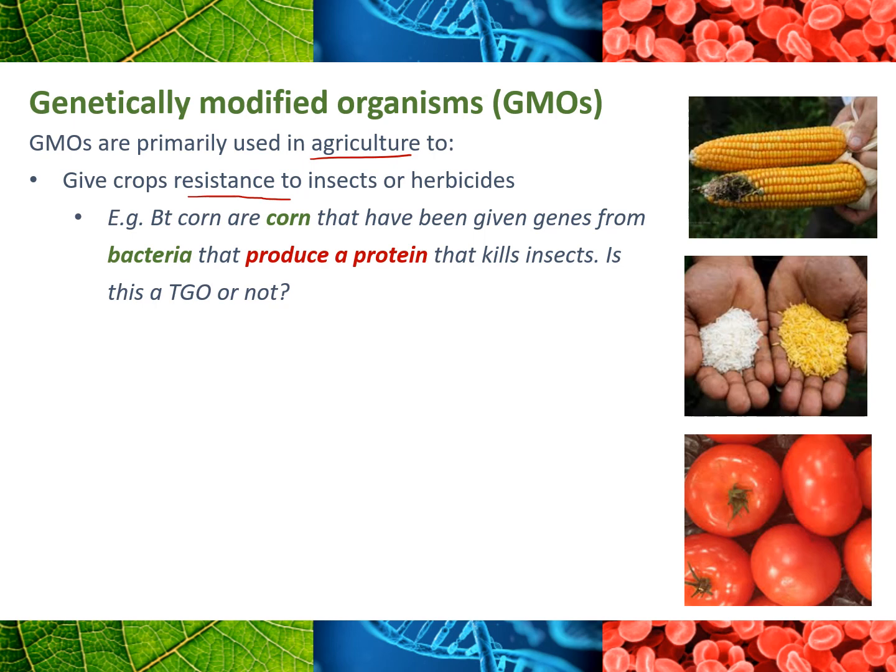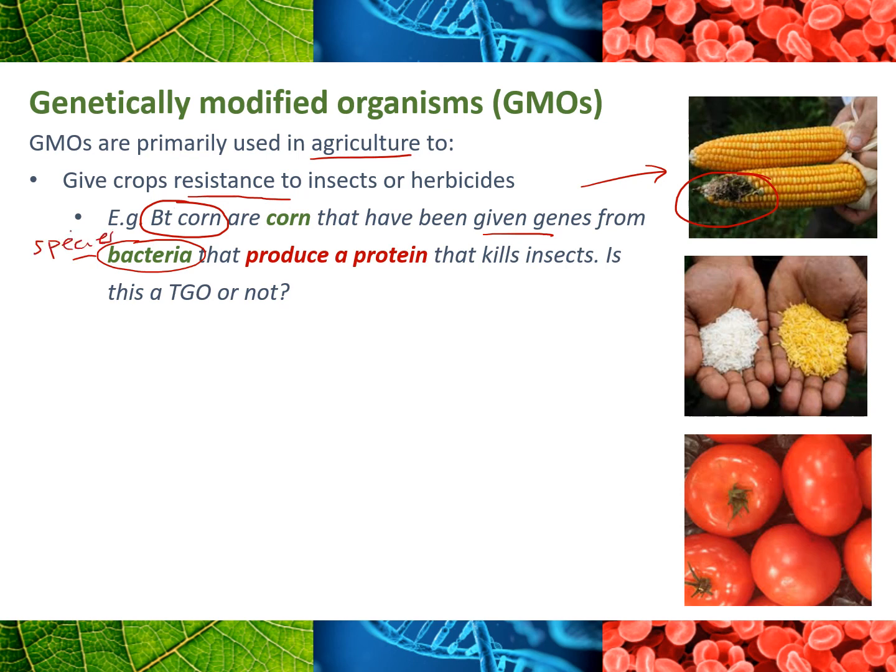Okay, so an example of this is called BT corn, which is these things here. So you can see this corn here has been eaten up by insects. It can't be sold. It's not useful anymore. So BT corn are corn that have been given genes from bacteria. Okay, so bacteria are a different species to corn.